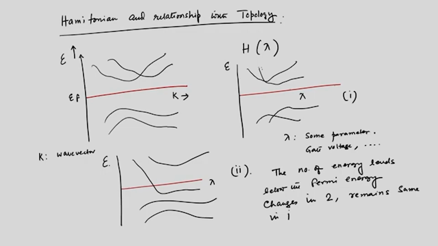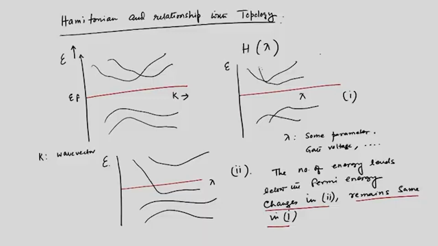When I say 1, I mean this figure, and when I say 2, I mean Roman 2. This will decide whether the system is topologically equivalent as the parameter lambda is tuned.